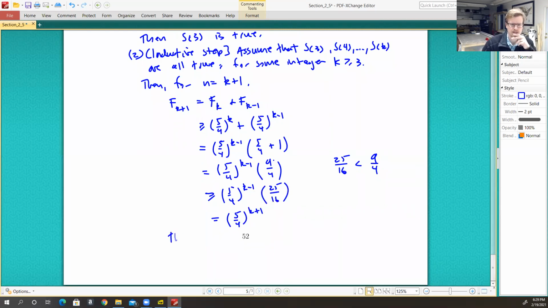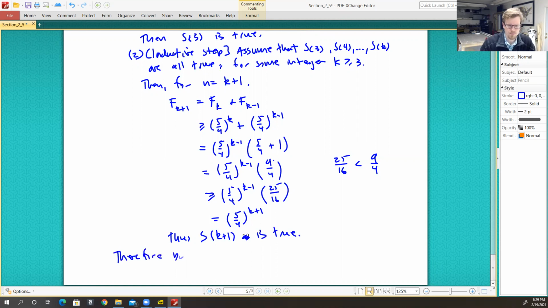Thus, S of k plus 1 is true. Once I have that, I can say by the strong principle of mathematical induction, S of n is true for all n greater than or equal to 3.